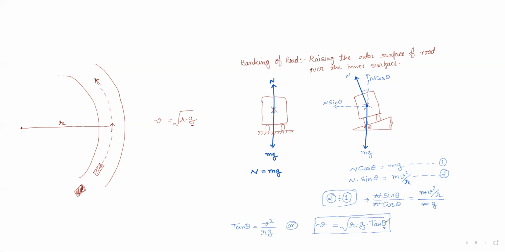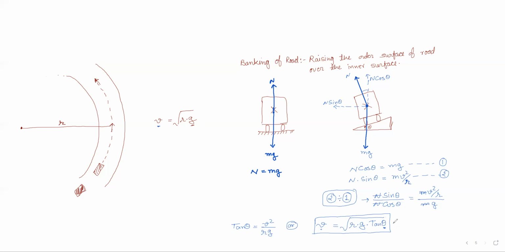We know if theta increases, tan theta also increases. As a result, the velocity value also increases, and this value will be much greater than the value we discussed earlier. This is the allowed value of velocity when the road is flat, and this is the allowed maximum velocity when the road is banked.